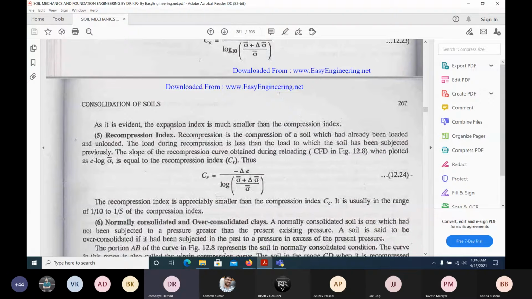During the recompression, the load is less than the load to which the soil has previously been subjected. The load which was previously applied was more, and again we are just applying the load. So the slope of the recompression curve is obtained, CFD. That's what we have seen there.